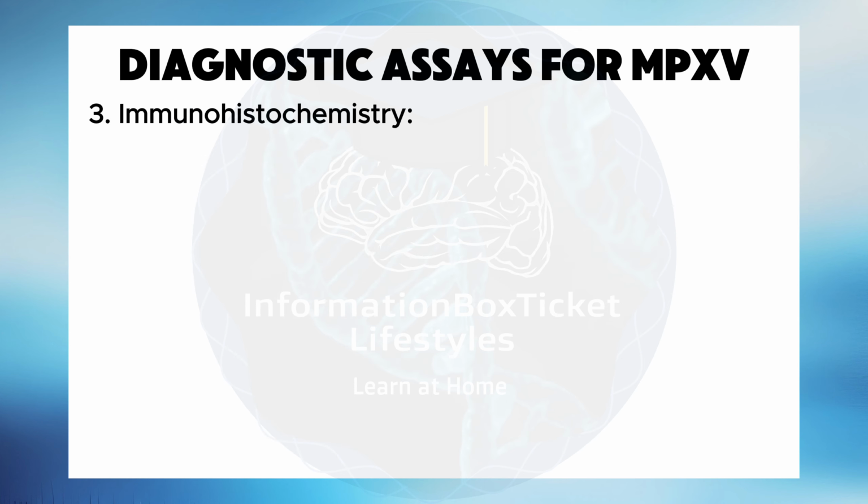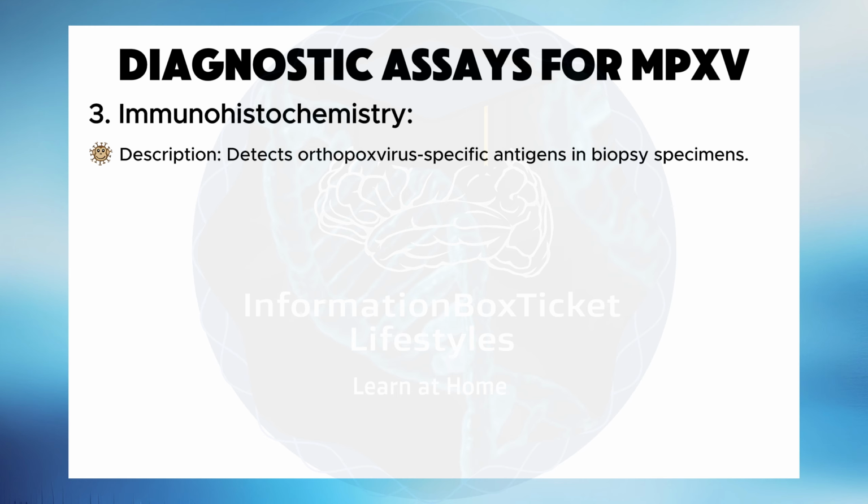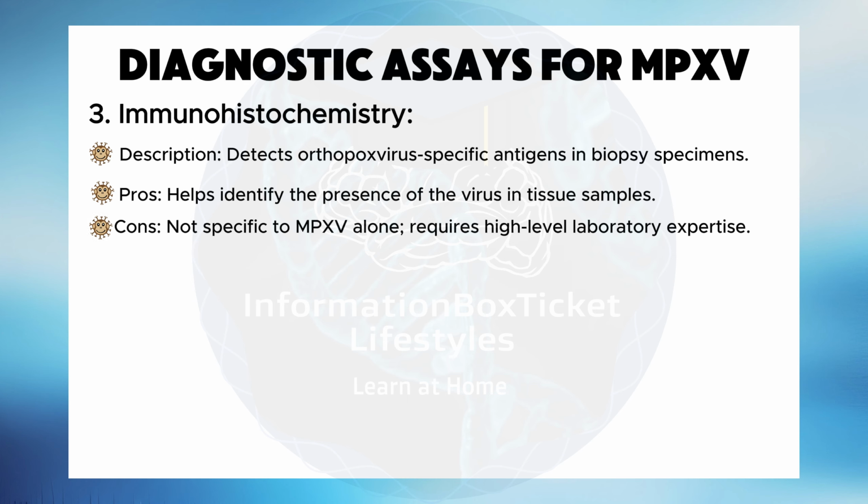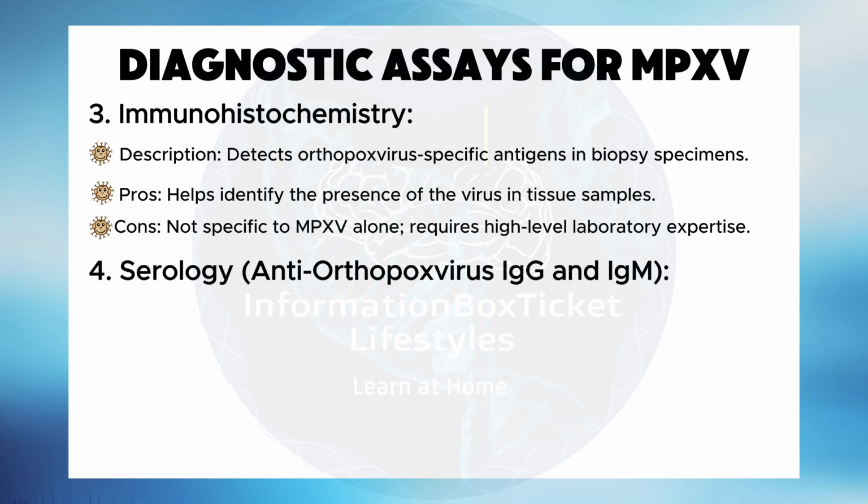3. Immunohistochemistry. Description: detects orthopoxvirus-specific antigens in biopsy specimens. Pros: helps identify the presence of the virus in tissue samples. Cons: not specific to MPXV alone, requires high-level laboratory expertise. 4. Serology.